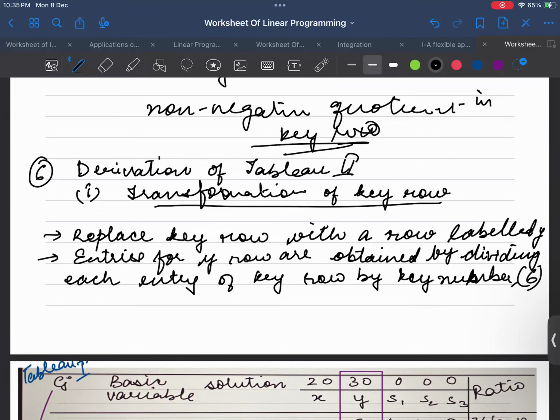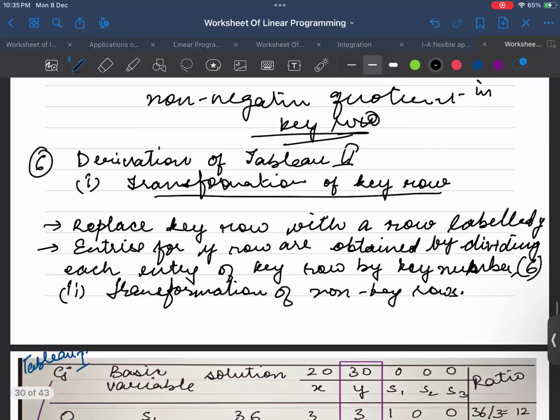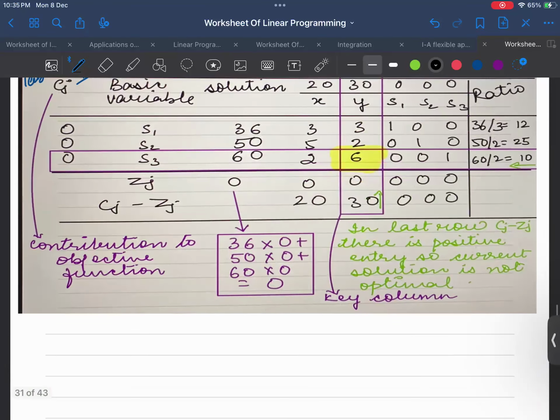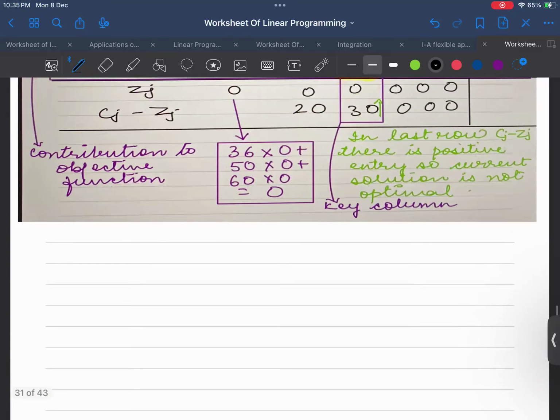That's the first part. The second part would be transformation of non-key rows. Okay, let us start the same way. Our table will look exactly like this.